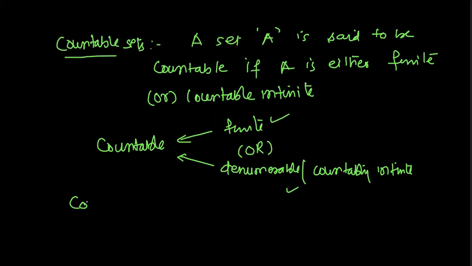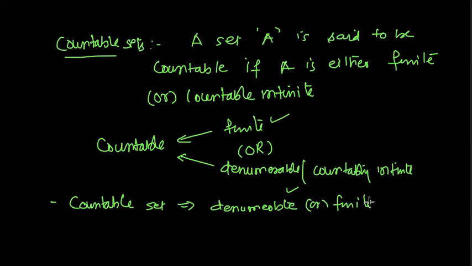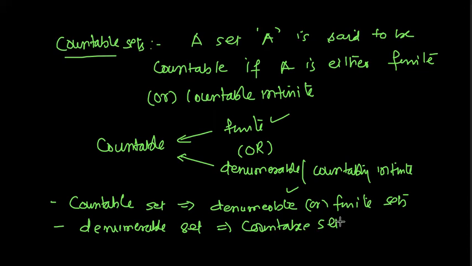So we can say that for a countable set, we can make the following inferences. Countable set implies denumerable or finite set. These are the possibilities. Then a denumerable set implies a countable set.